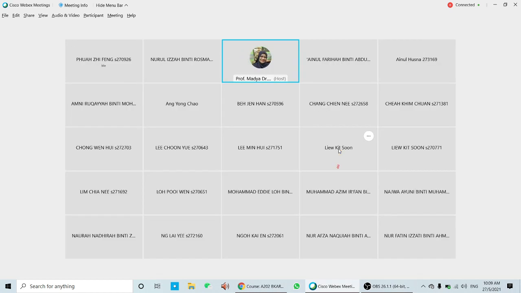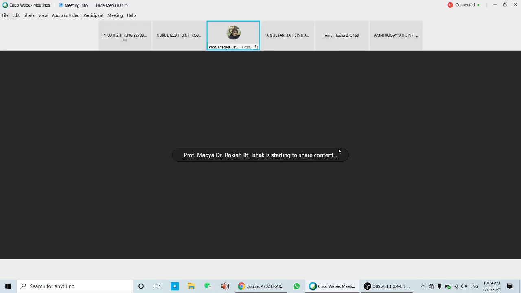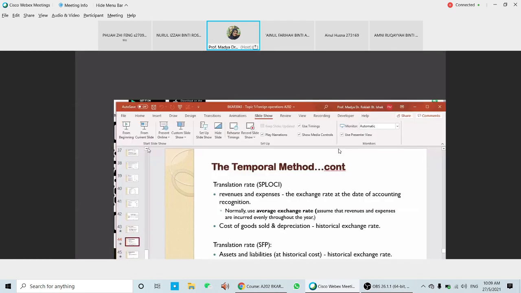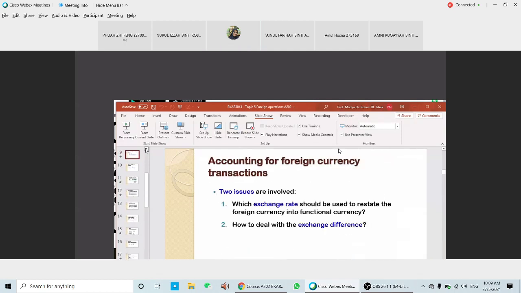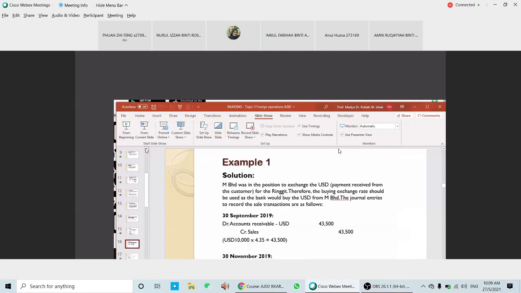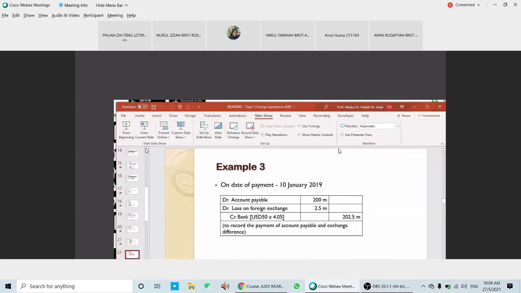We're going to continue with your notes. The notes that we stopped at last time is like 23 or 22. Okay, I remember this one. So we're going to proceed. Done with the example already. So now we're going to translate.